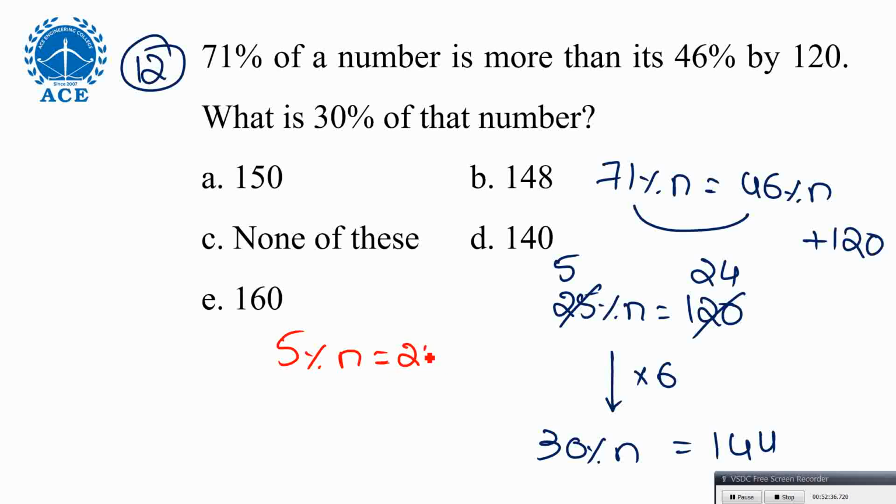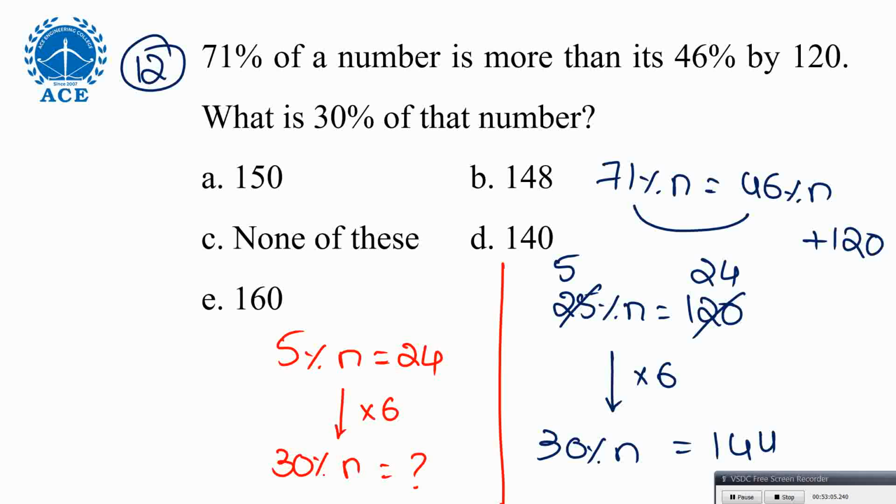What are they asking? 30%. So multiplying by 6. Calculating n and then 30% will take time. 25% is how much? 5% is? 25 plus 5, 30.